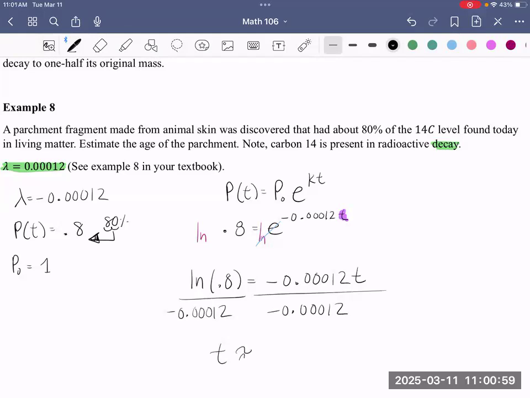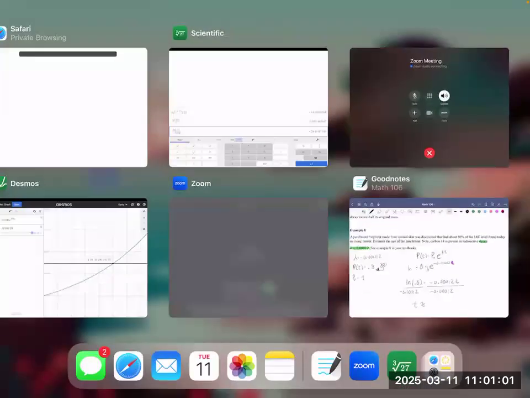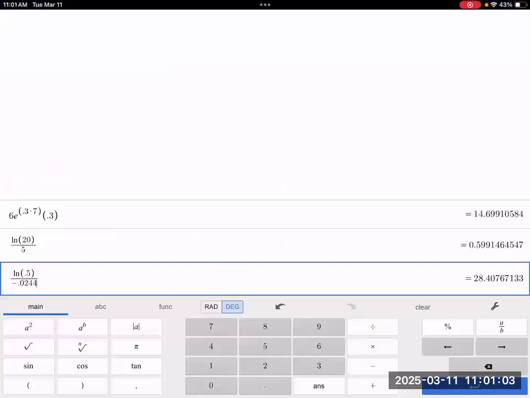So t is approximately, let's try that one more time. I'm just going to swap around some of my things, 0.8. So you'll notice that we don't exactly have half-life because we aren't talking about half of it. We just want to know that about 80% of it is left. And let's see, we have a different decay constant or decay rate.